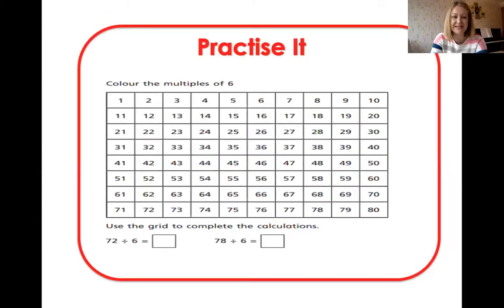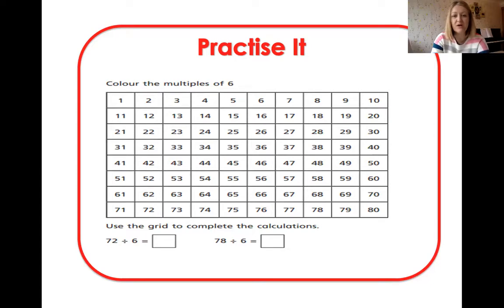So you'll practice it. So now what I'm wanting you to do is have a little look at this screen here. If you can print it out, that's great, you don't need to print it out. And you can colour in the different blocks, or you can just be having a little look at the screen now and seeing what you can see. So I'm wanting you to look at my grid here and see if you can notice anything.